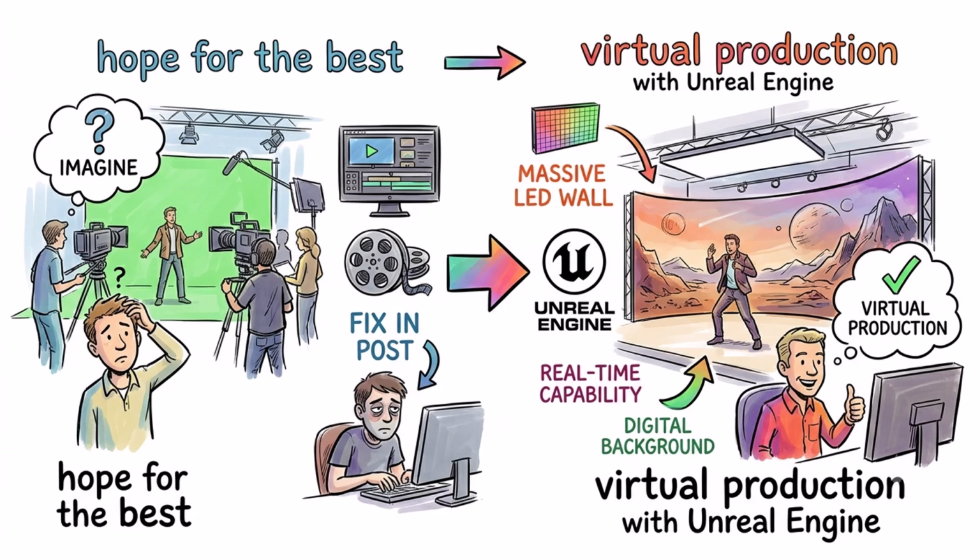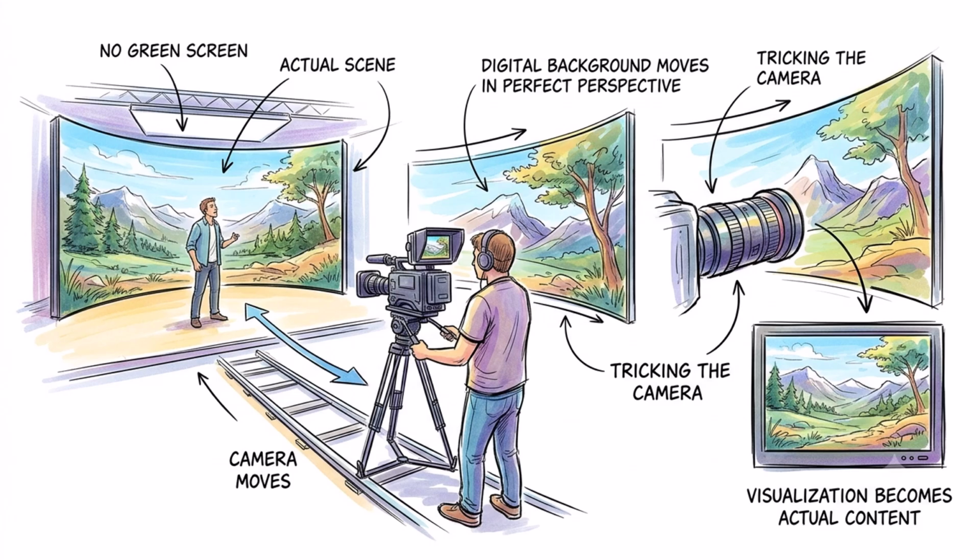But with Unreal Engine, because of that incredible real-time capability, you can put the digital background on a massive LED wall behind the actors. It's a technique called virtual production. The background isn't green anymore. It's the actual scene. And when a real-life camera moves, the digital background on the screen moves in perfect perspective, tricking the camera into thinking it's a real place.